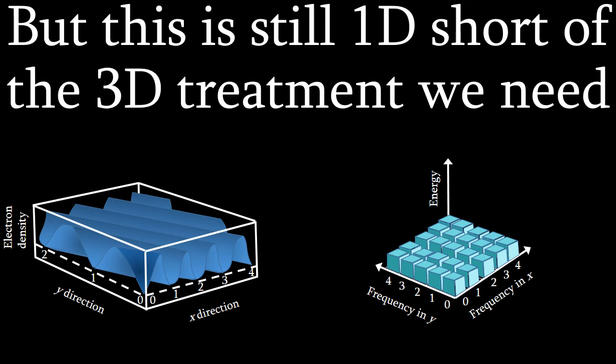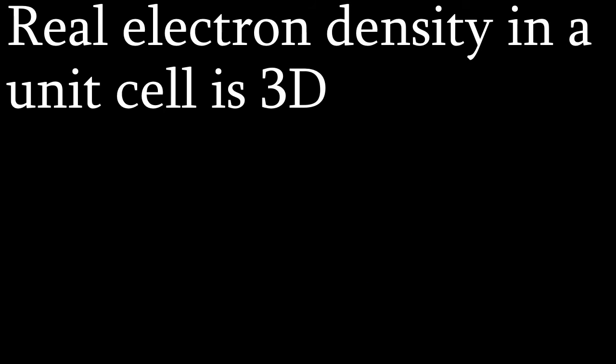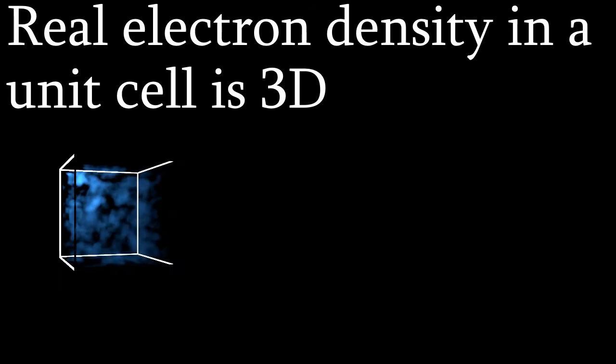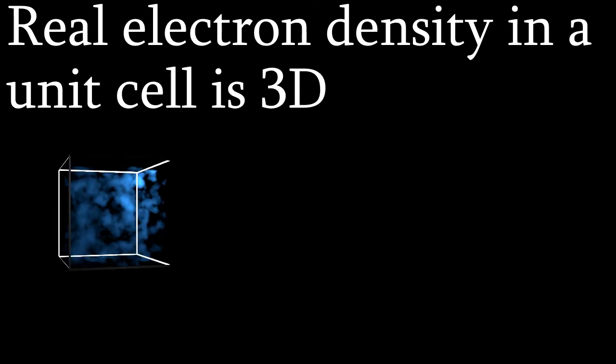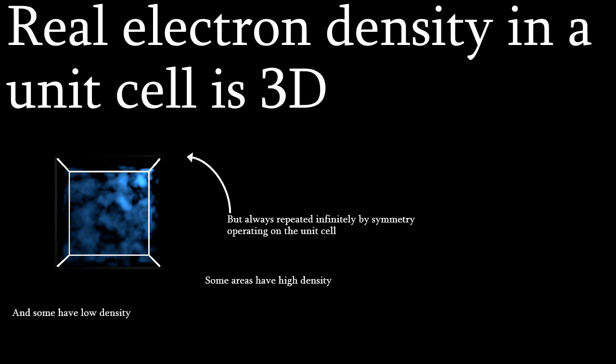But this is still 1 dimension short of the 3-dimensional treatment we need. Real electron density in a unit cell is 3-dimensional. Some areas have high density and some have low density, but always repeated infinitely by symmetry operating on the unit cell.